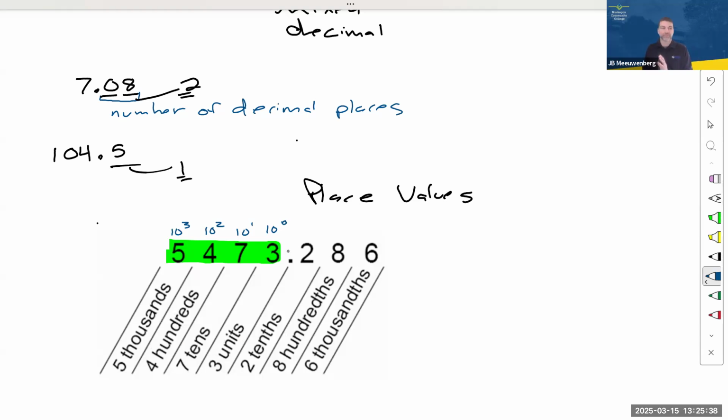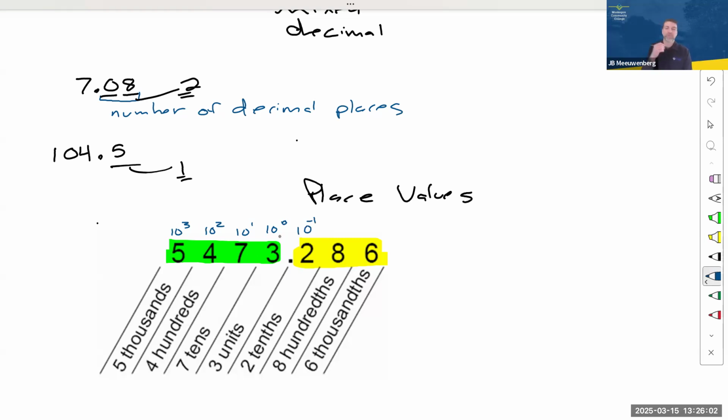Once we move to the right of the decimal, now we are talking about the decimal places, the numbers in those decimal places, the 2, the 8, and the 6. So the 2 is in the tenths place, and the tenths place can be written as 10 to the negative 1. Notice how we are decreasing exponents.